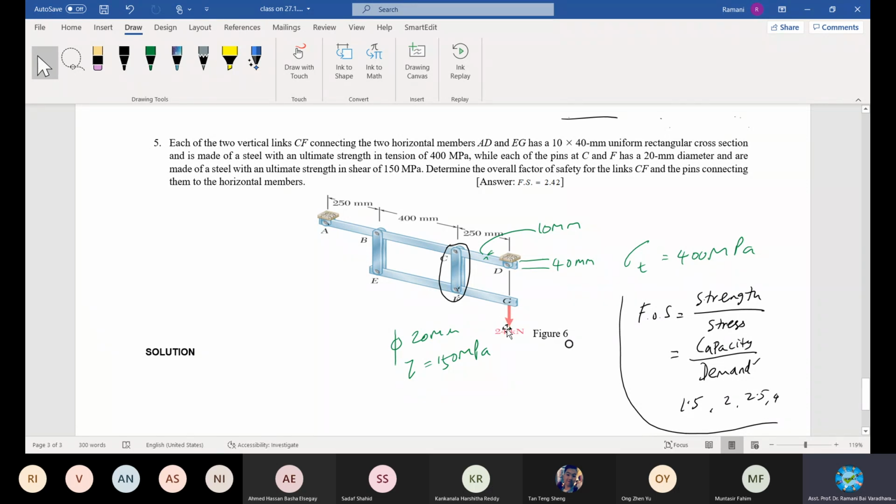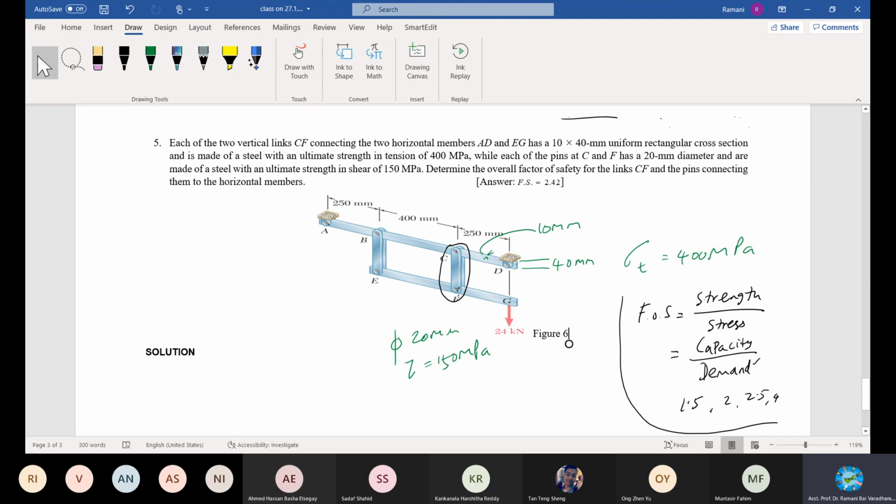Okay, due to this loading, what will happen? This member will respond, isn't it? When this is pulling down here, this will try to go up, isn't it? At the same time, because of these two pins, it will try to come down in such a way that these two are balancing this download loading.